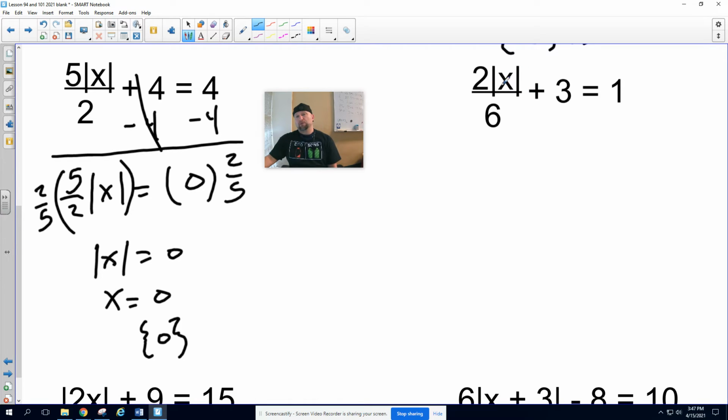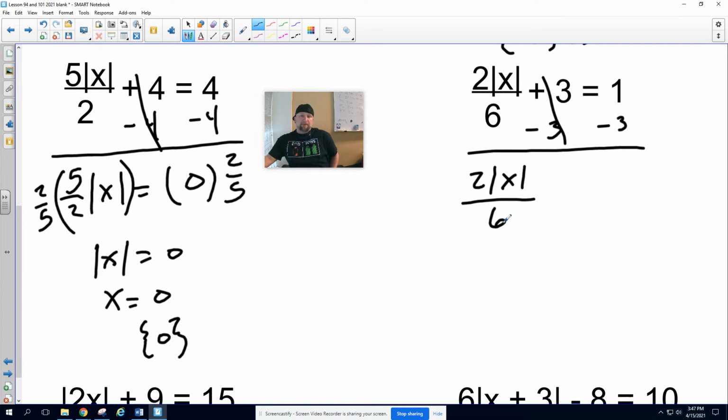Here we have 2 times the absolute value of x divided by 6, plus 3, equals negative 1. So now we subtract 3 from both sides, it cancels out, and we have 2 times the absolute value of x divided by 6 equals negative 2.